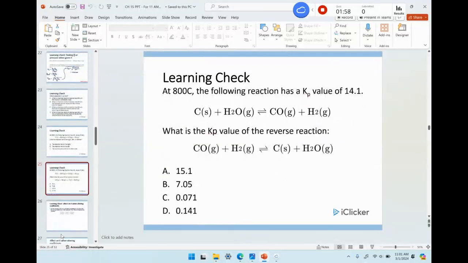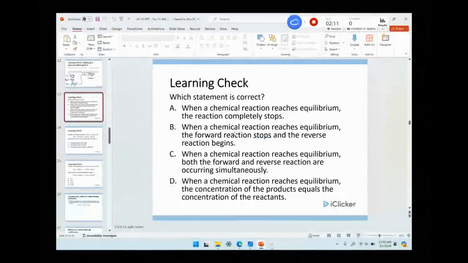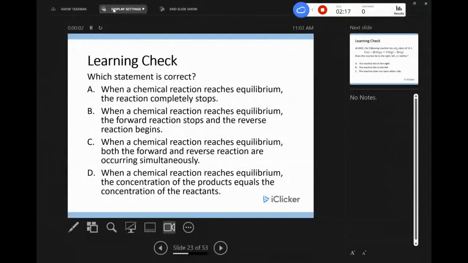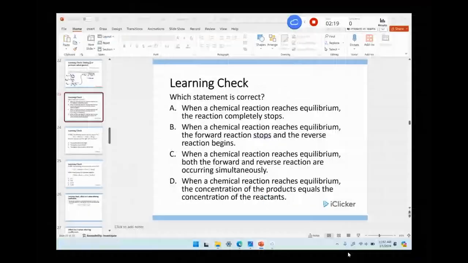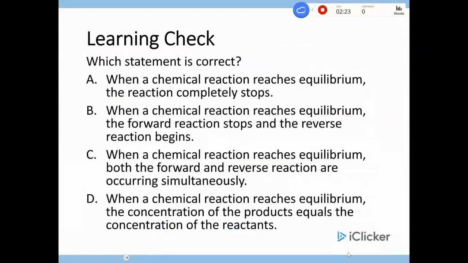And then last one, it's the same reaction, so you still have the K value, and you are determining the K value for the reverse reaction. So let's get started on that. All of these concepts we discussed in class already this week or last week, so keep that in mind. We'll spend like 4 or 5 minutes working on this before we continue.